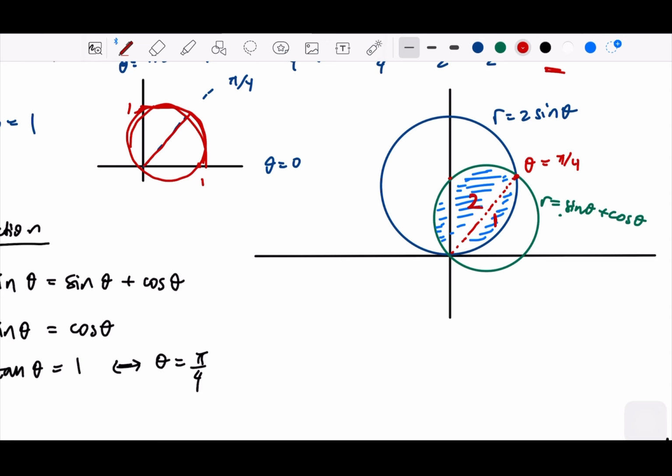So the number 1 is the blue circle here, right? The blue circle, which means we can take the blue circle from theta equals 0, which means start from here, and then it increases until theta pi over 4. That is the first area.